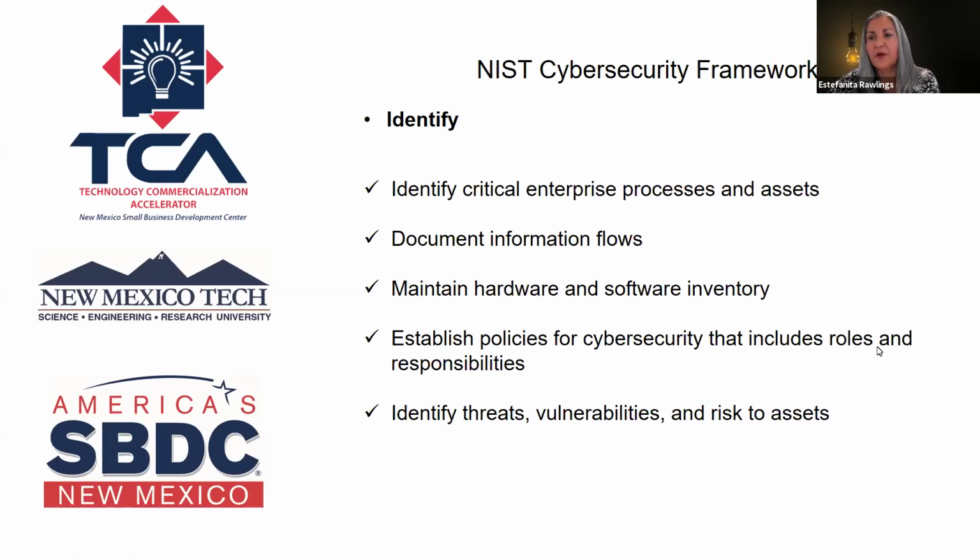Document information flows. Maintain a hardware and software inventory. Your hardware and your software are where the hackers are going to try to get entry into your system. So make sure you have a spreadsheet of the hardware that you're running, of the software that you're running. Make sure it's updated regularly, especially your security patches.